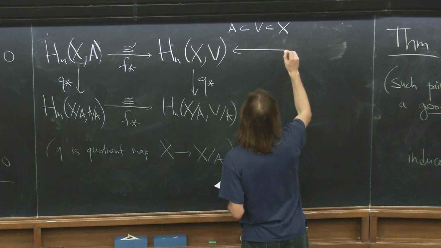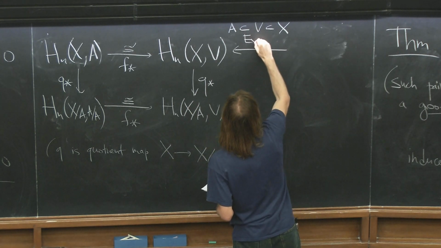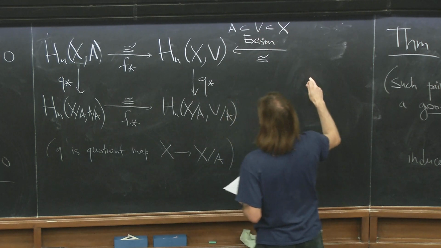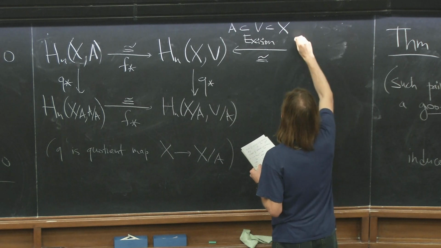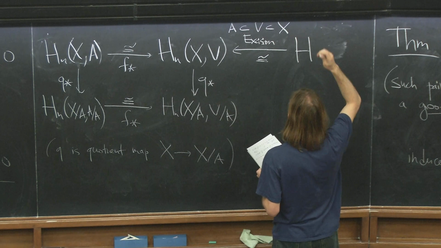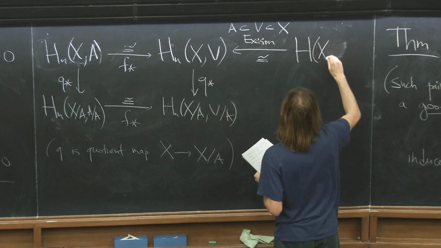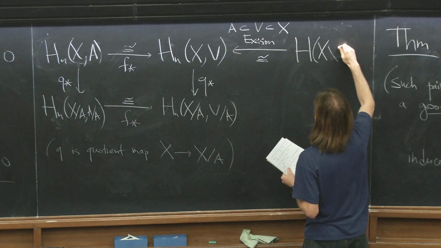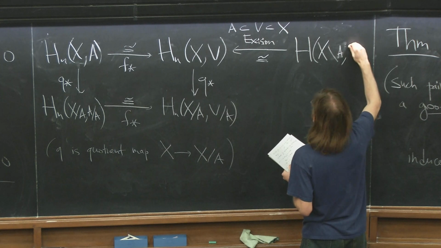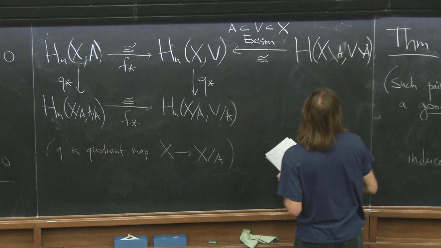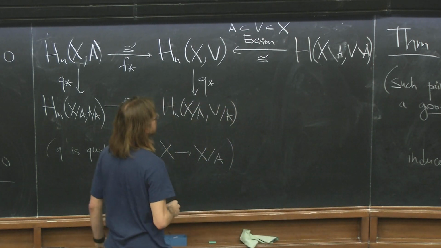So the excision theorem tells us that there is an isomorphism between this relative homology group for this pair, and the one where we excise this A from X and V, the complement of A spaces.